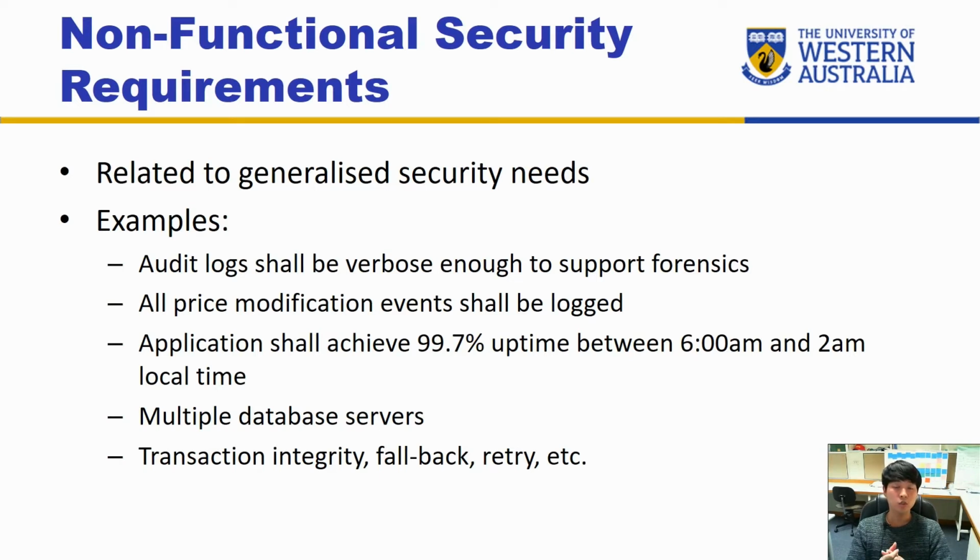Okay? So it specifies the action, but it does not specify exactly what needs to be done about the logging. Do we need to log who modified it, how much it has been modified, etc.? Right? The application shall achieve 99.7% uptime between 6 a.m. and 2 a.m. local time.